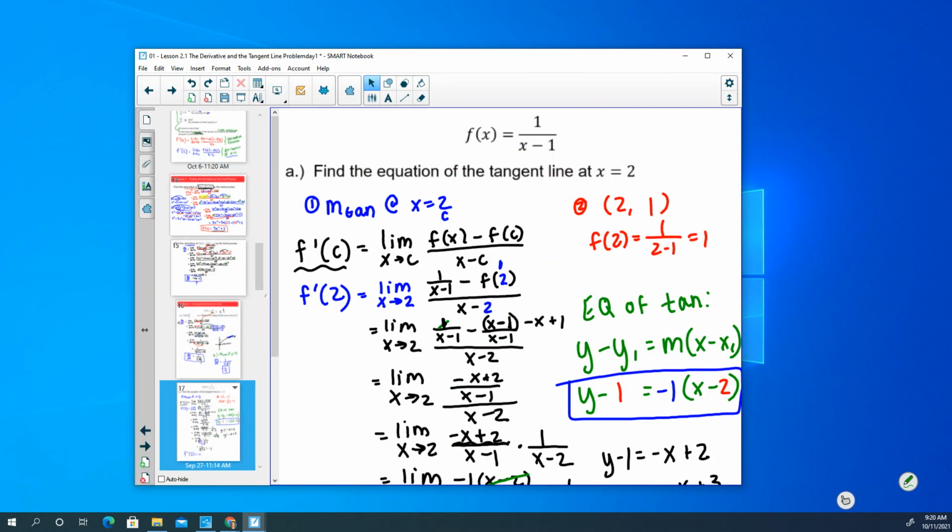Let's go ahead and take out our graphing calculators. And go ahead, put in for y1 the 1 over x minus 1.